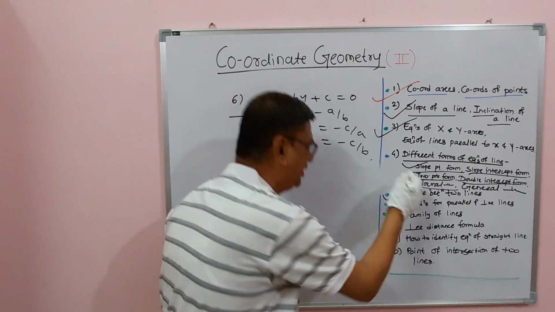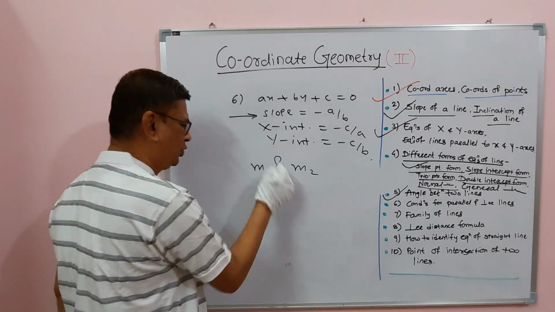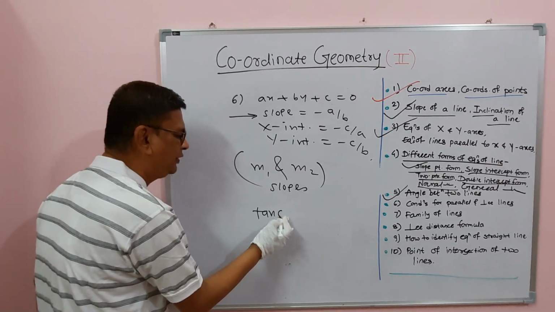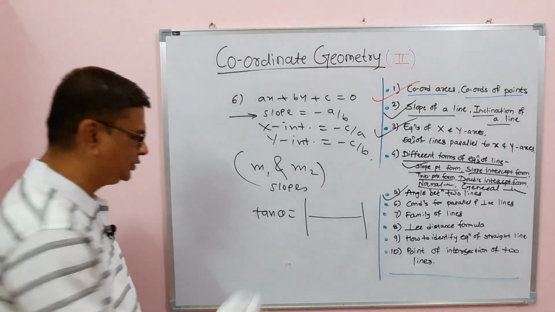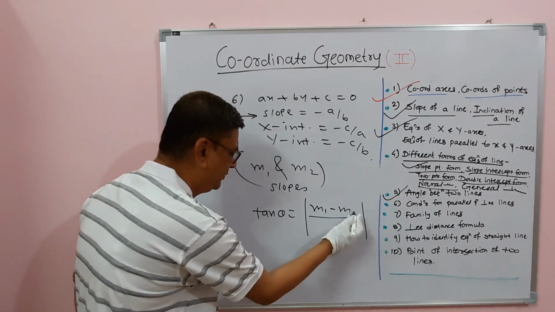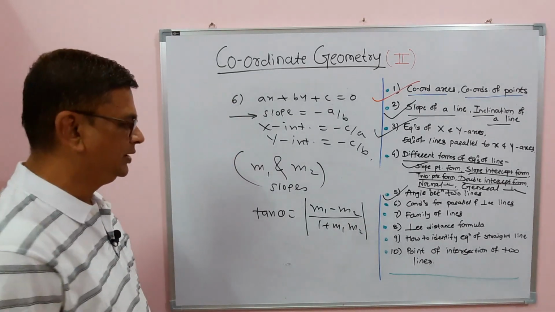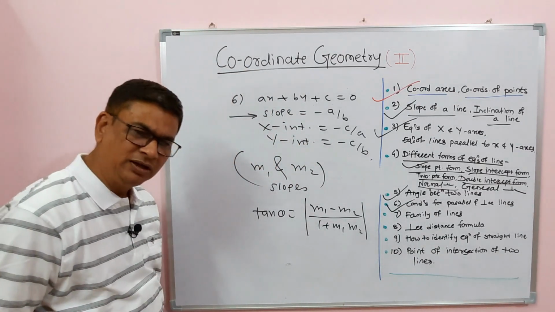Then we deal with angle between two lines. If you have two lines with slopes m1 and m2, then the acute angle between them is given by such formula: tan theta equal to mod of m1 minus m2 divided by 1 plus m1 m2. Then we deal with conditions for parallel and perpendicular lines.